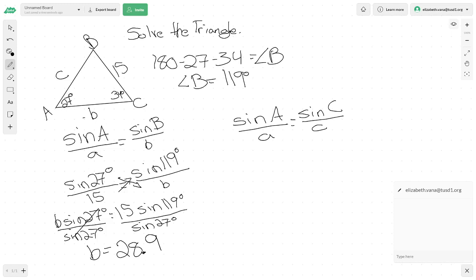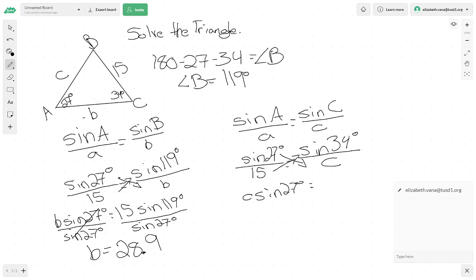Same thing over here. Sine of 27 degrees over 15 equals the sine of 34 degrees over C. Again, we cross multiply. C sine of 27 degrees equals 15 sine of 34 degrees.